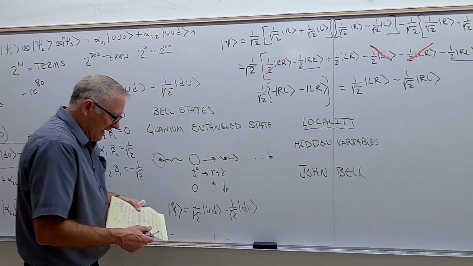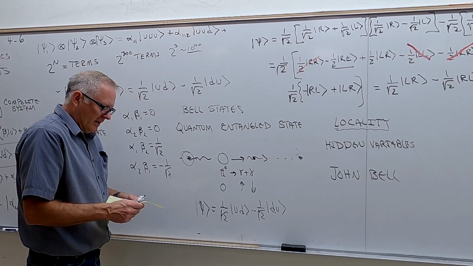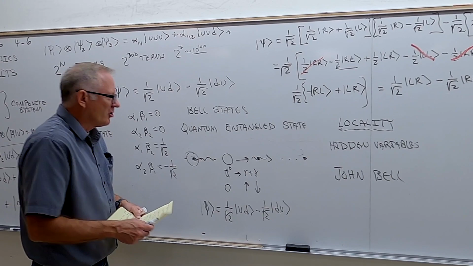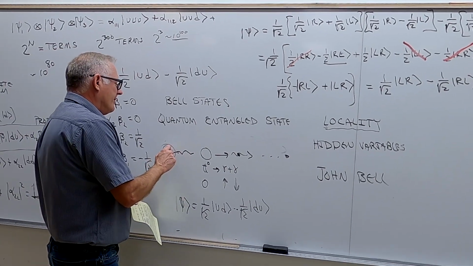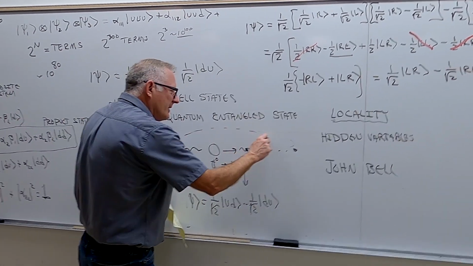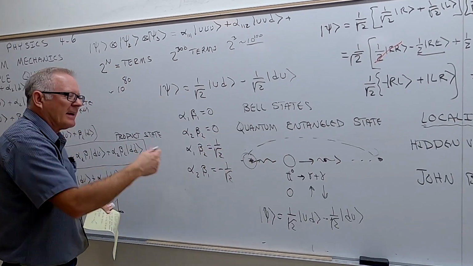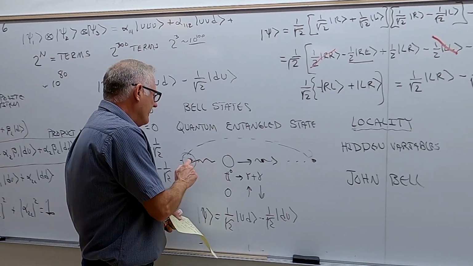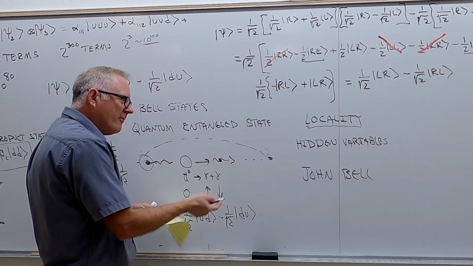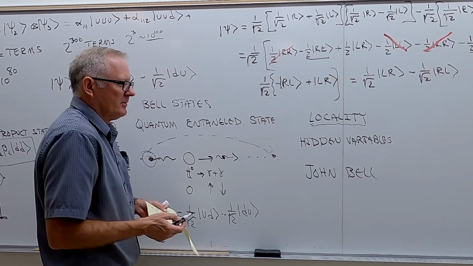So he actually proposed that there might be a way to determine whether this signal actually traversed across the universe or across the galaxy and back to see if there's actually any hidden variables or not hidden variables right here.